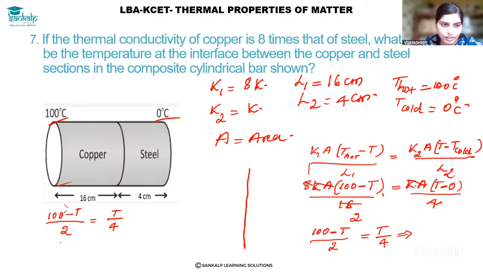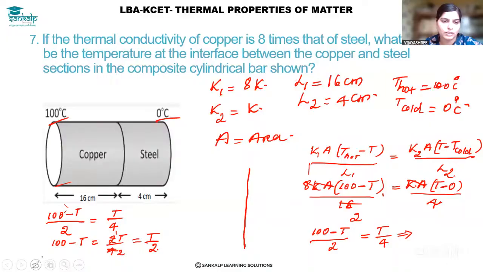Therefore 100 minus T equal to what? 2T by 4, 2 ones are 2, 2 twos are, which is equal to T by 2.